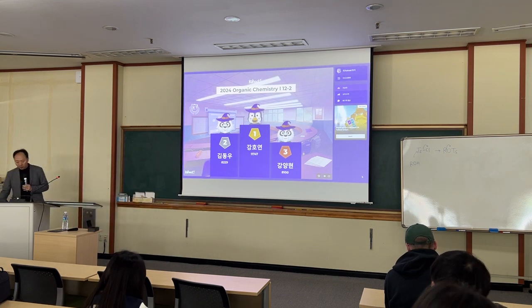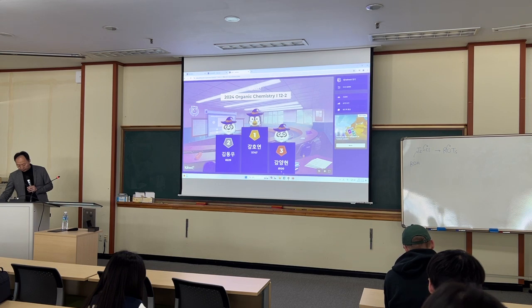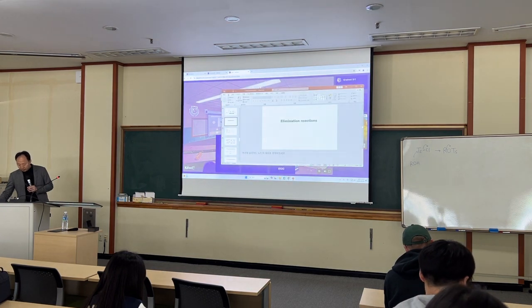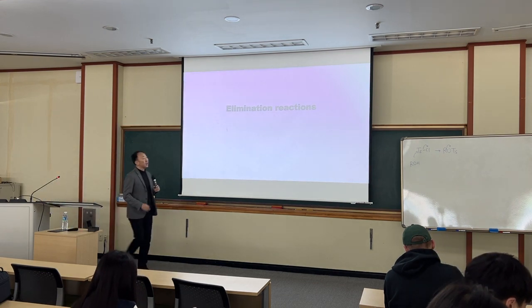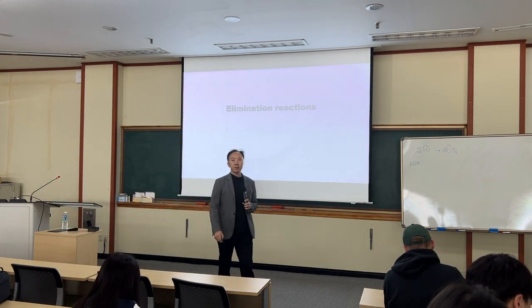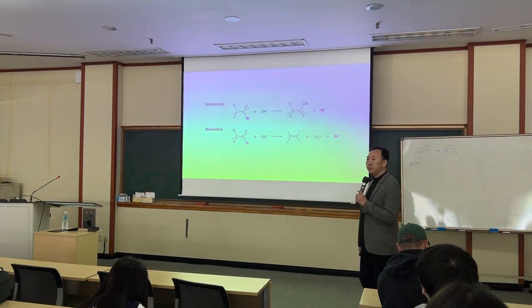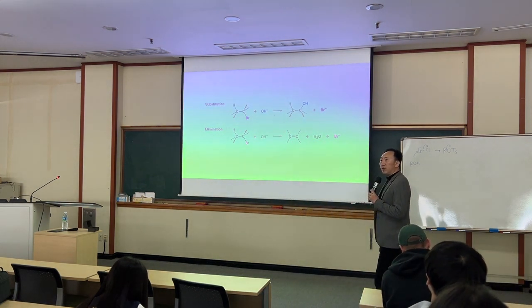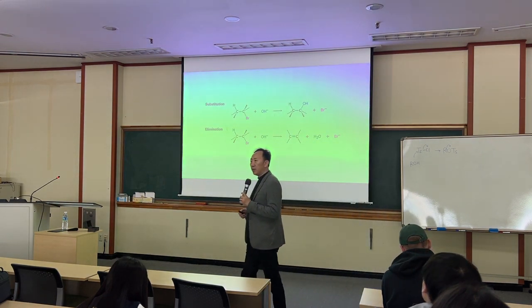Okay, so based on this, today we are going to study elimination reactions. This was the last page we studied last time. Nucleophile and base can be the same identity.